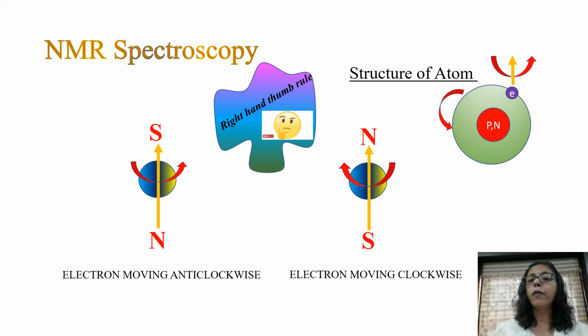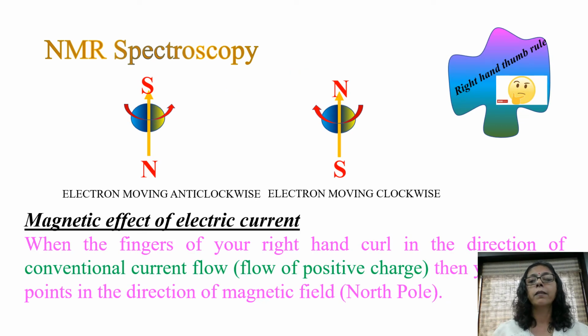Now, to find out the direction in which the electron is moving and how the magnetic field is created, or to find out the direction of the magnetic field created, you need to know the right hand thumb rule. Now what does this right hand thumb rule say?